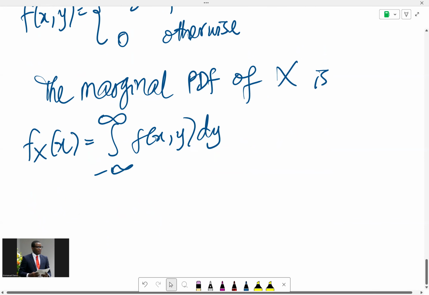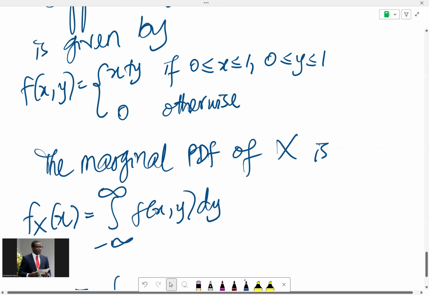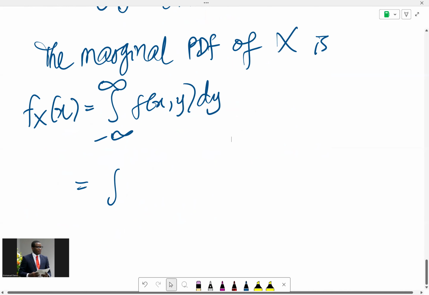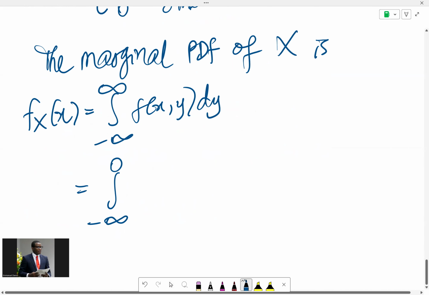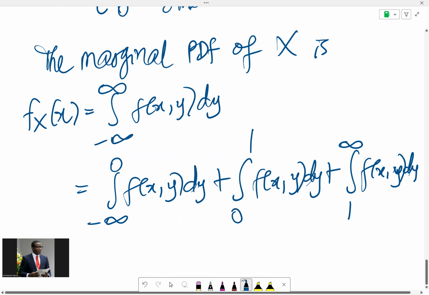But in this case, if you look at the interval, we only have x plus y defined for y from 0 to 1. So it means the integral from minus infinity to 0 of f of x, y, dy, plus 0 to 1 of f of x, y, dy, plus the integral from 1 to infinity of f of x, y, dy. So that's exactly what is happening.